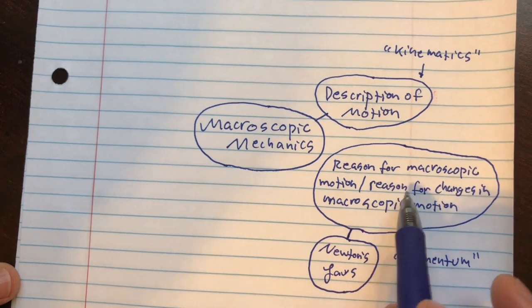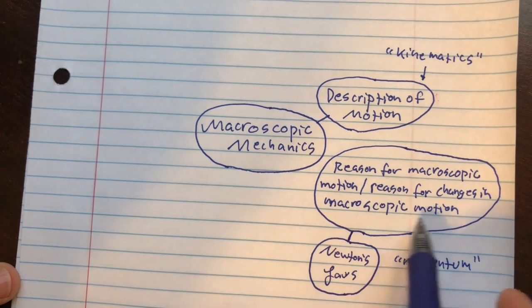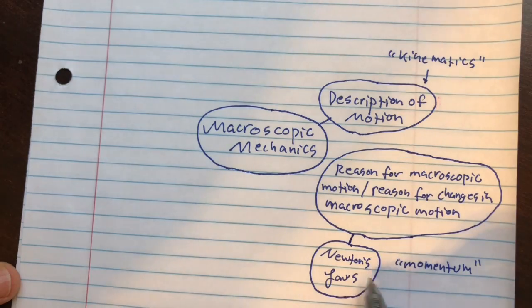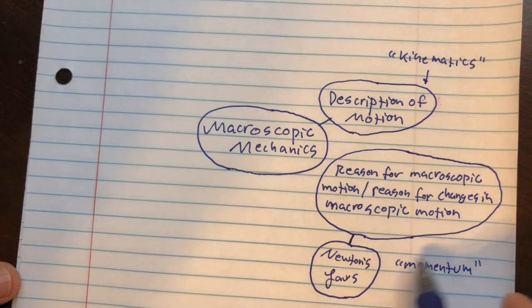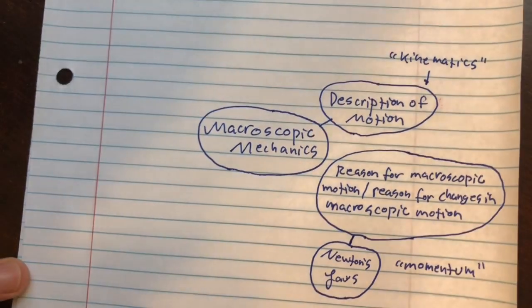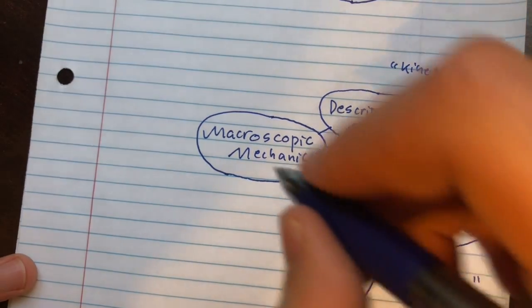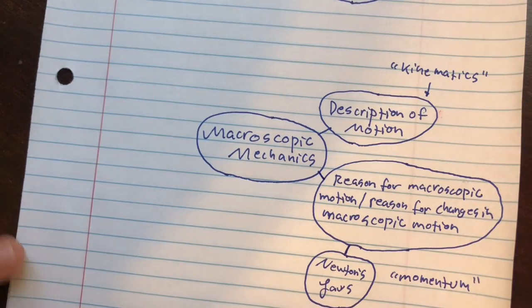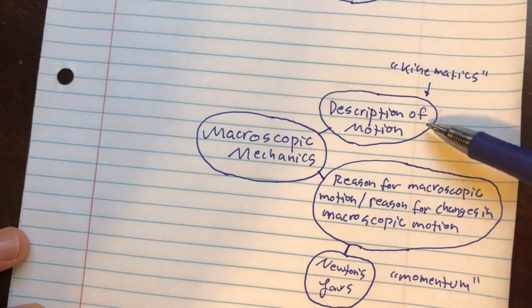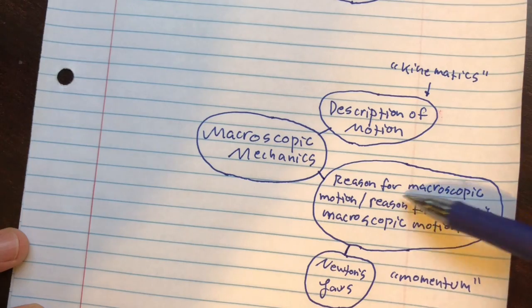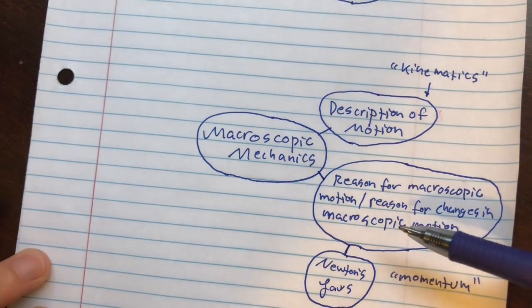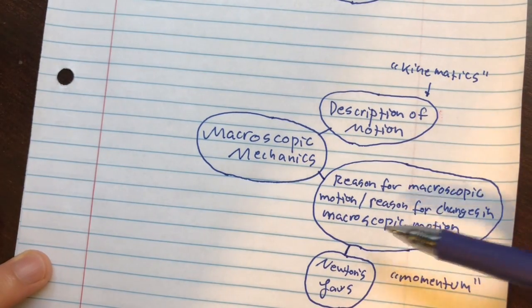So the reason for macroscopic motion, and the reason for changes in macroscopic motion, it's going to be Newton's laws. You're going to get into the idea of momentum and all that fun stuff and all the implications of that. So again, we have this description of motion, and the reason for the changes in this motion.